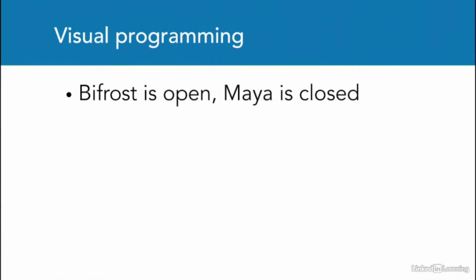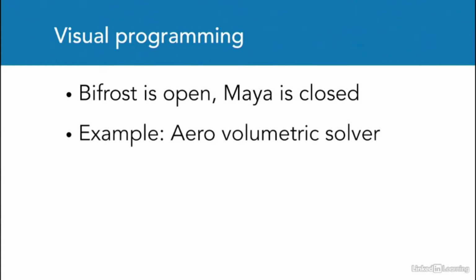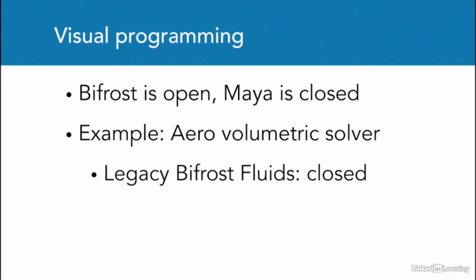The key characteristic of the Bifrost extension is openness. Consider the Aero solver for volumetric effects such as smoke and fire. Aero comes in two versions: the legacy Bifrost fluids and the Bifrost extension. If we create an Aero effect from the Bifrost fluids menu, we get a couple of Maya shape nodes with fixed pre-programmed features.